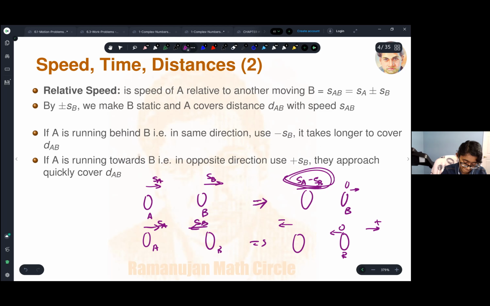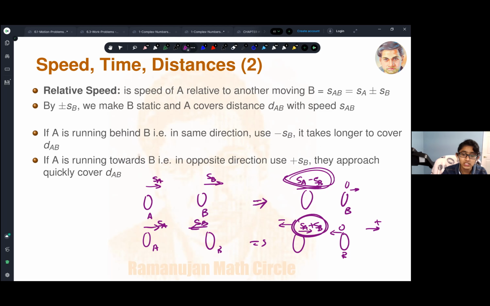So that means we have to add SB, because logically, if both of them are moving towards each other, B and A are going to get closer and closer to each other really quickly, because A has a speed and B has a speed. So if we subtract, that's actually going to make it slower, because the gap between the two of them is going to take more time to close. So hence you add SA and SB. So that's your new total.